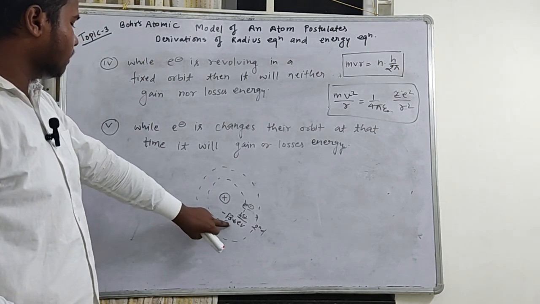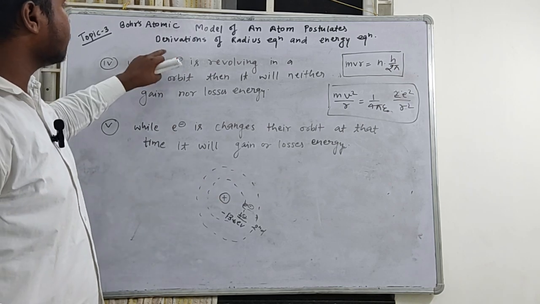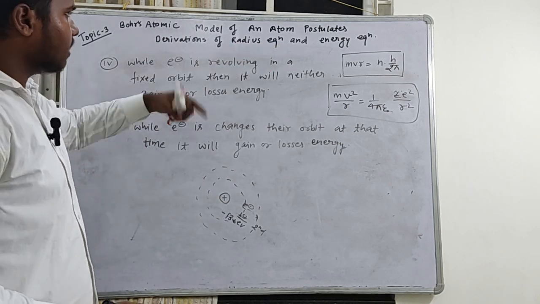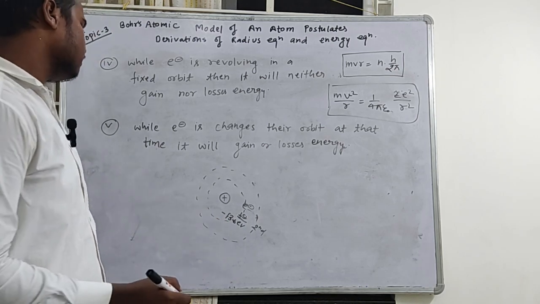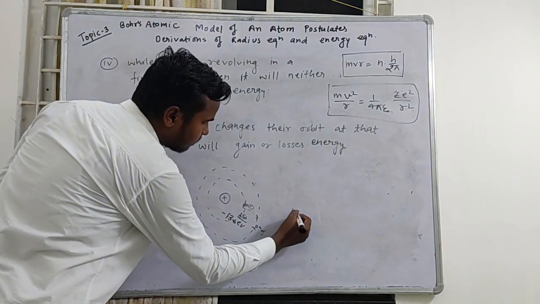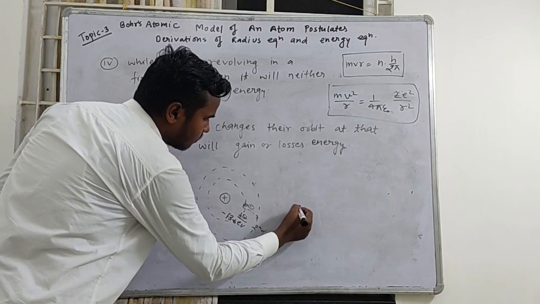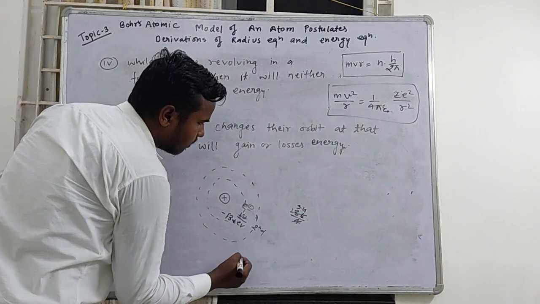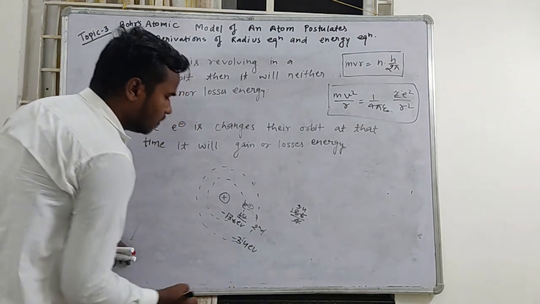Where it will come from, I will tell you, it will come from the energy equation. I will derive it later, then you will understand. And after 13.6 divided by 4, it will come to minus 3.4 electron volt.